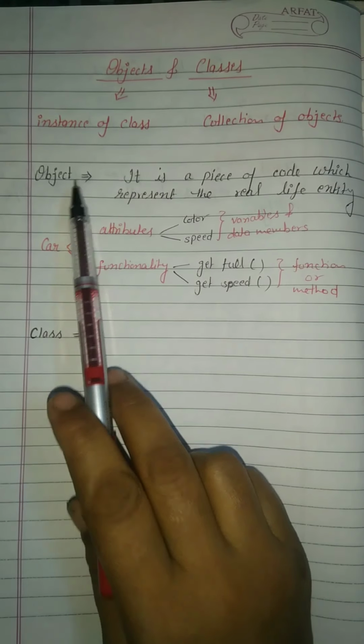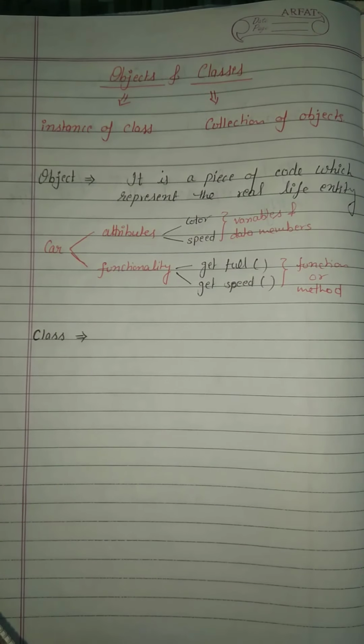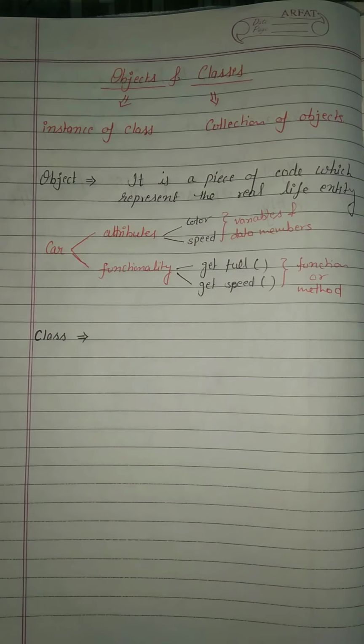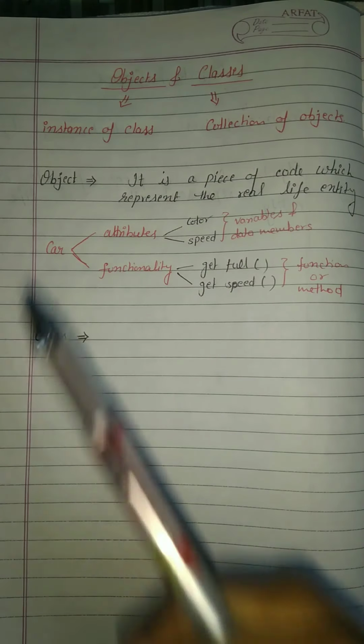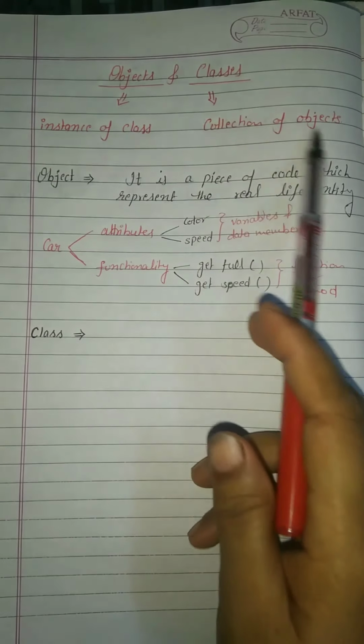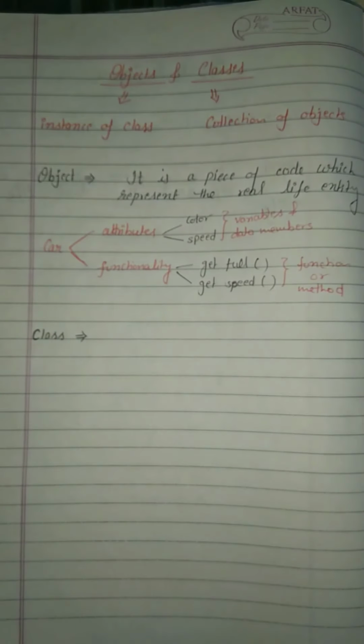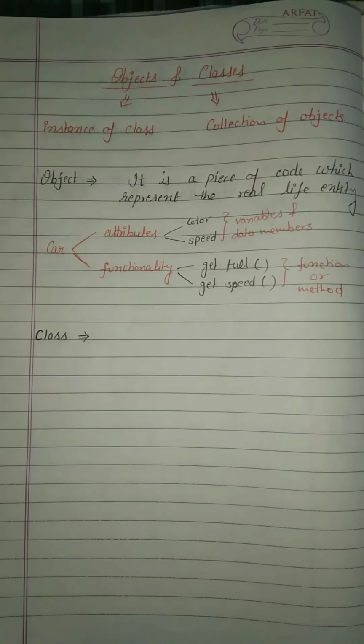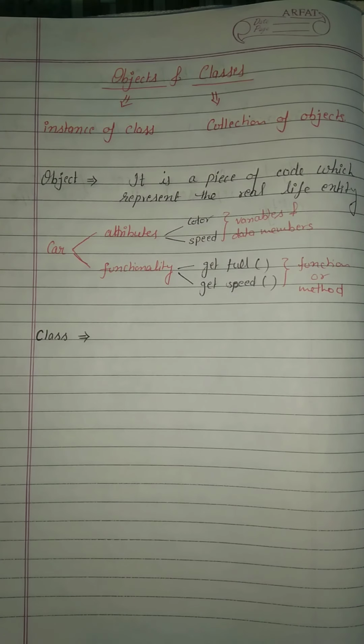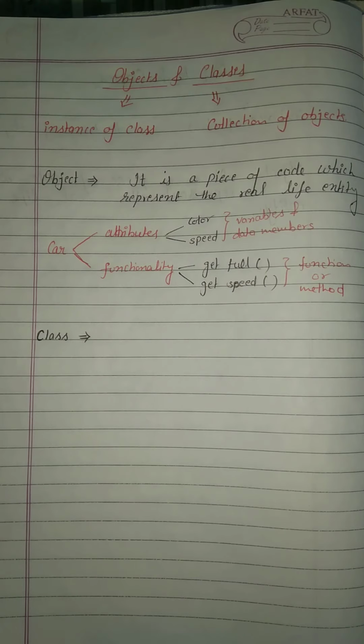You can observe the difference here. A class depends on objects, and an object depends on a class. So what does this mean exactly? Let us discuss one by one.